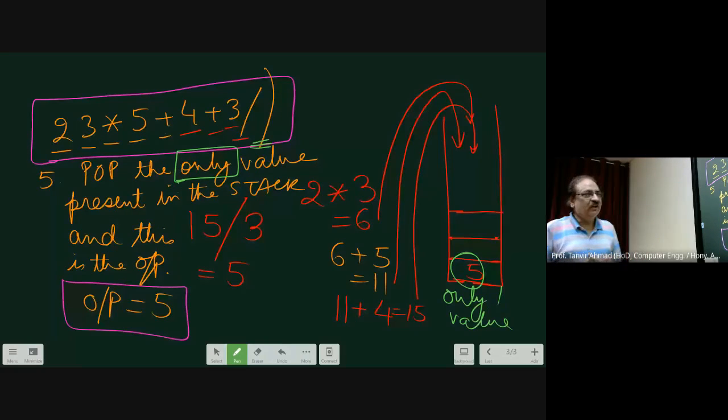Now let us try to show you, just before I start with the other one. Let us take one expression like this.